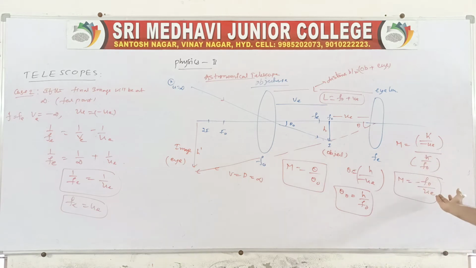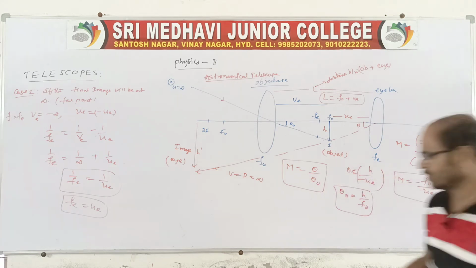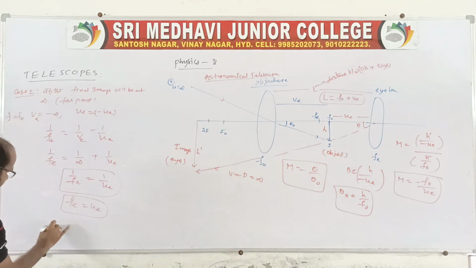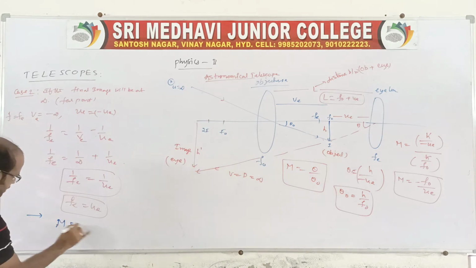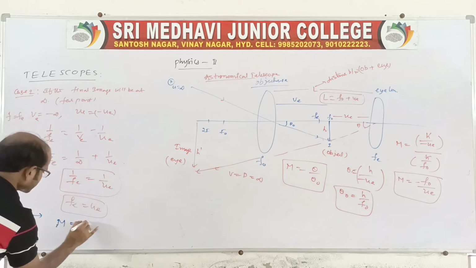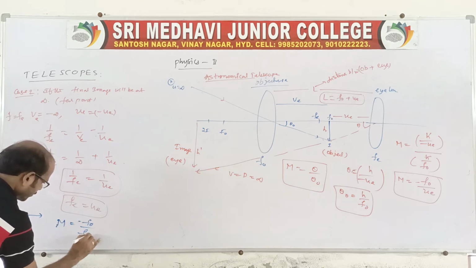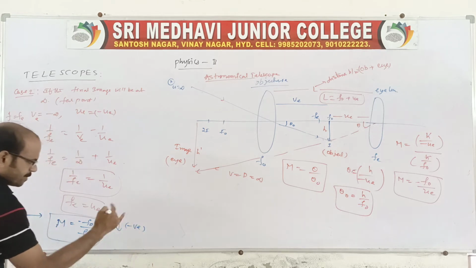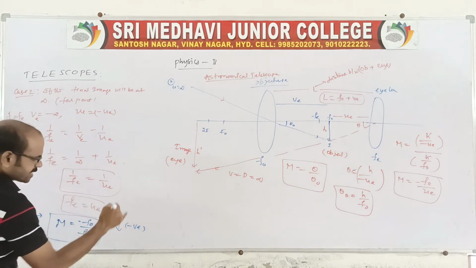Therefore, instead of capital M is equal to minus f naught by ue, you substitute that equation here. Magnification will be capital M is equal to minus f naught by fe. You remember, the minus indicates the image will be inverted and real.